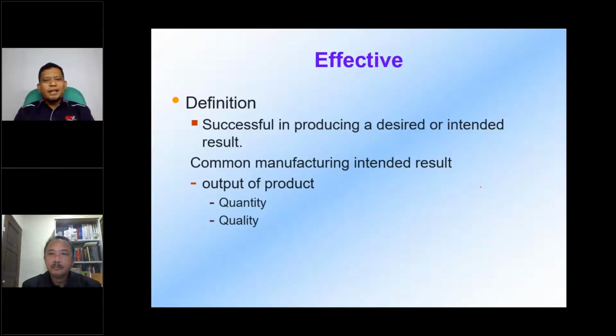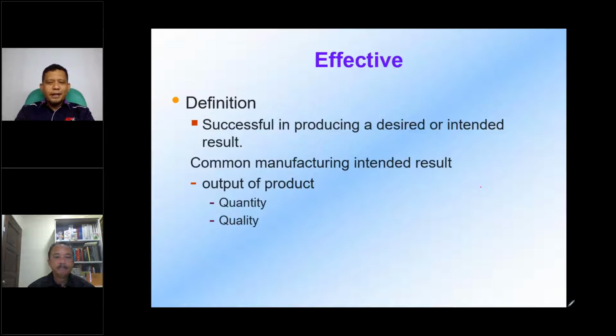But all these industries have almost a common problem. They measure in terms of effectiveness, which is defined as being successful in producing a desired or intended result. When I audit these organizations, when they measure efficiency, they measure based on their daily output or daily capacity.